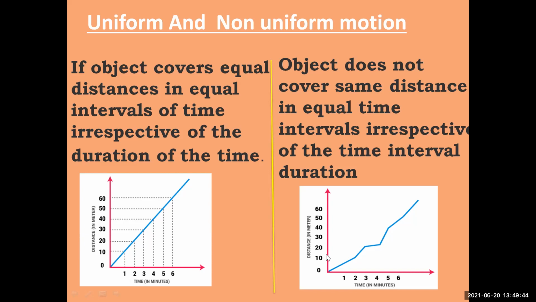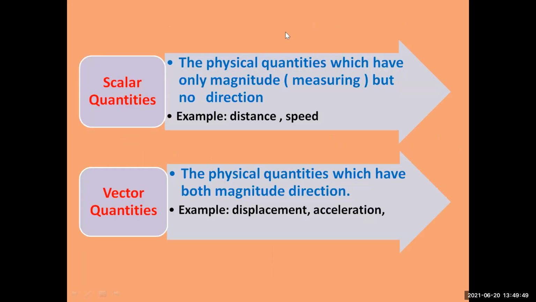Our next concept is scalar and vector quantity. These are the most important concepts of our chapter. So what are scalar quantities and vector quantities? In physics, we come across different new terms. Just now I was discussing motion, distance, displacement, uniform motion, non-uniform motion, and speed, velocity, acceleration at the beginning of the class.